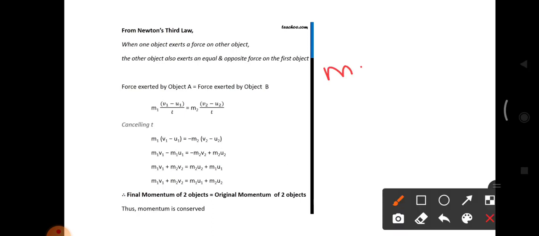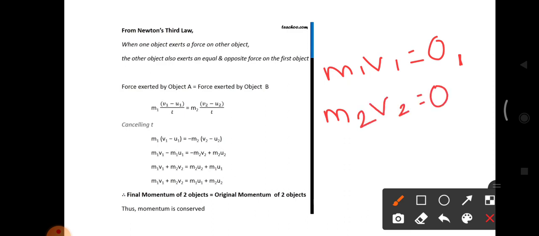That means m1 v1 is the final momentum of object 1, and m2 v2 is the final momentum of object 2. So the final momentum of the two objects is equal to the initial momentum of the two objects. So here the momentum is not changed. From this we can say that the momentum is conserved. This is called conservation of momentum.